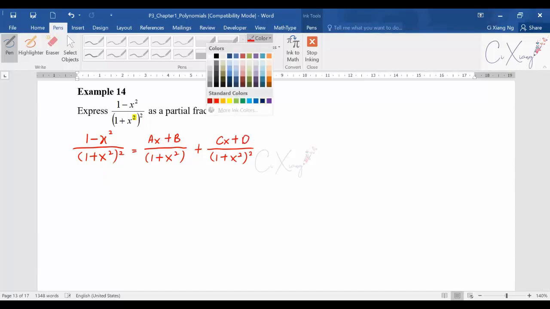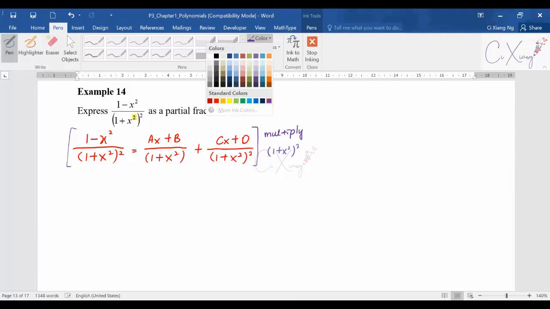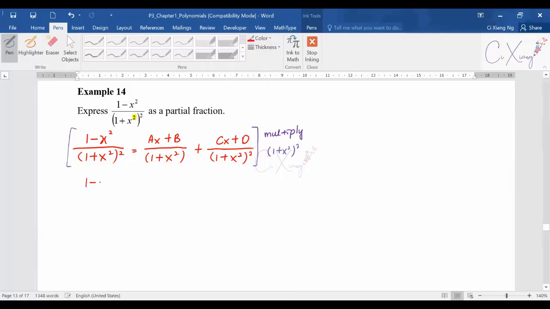Then you multiply the whole thing by 1 plus x squared, squared. On the left hand side you are left with only this one. On the right hand side, the first partial fraction has this factor, and the second partial fraction has nothing, cx plus d only.